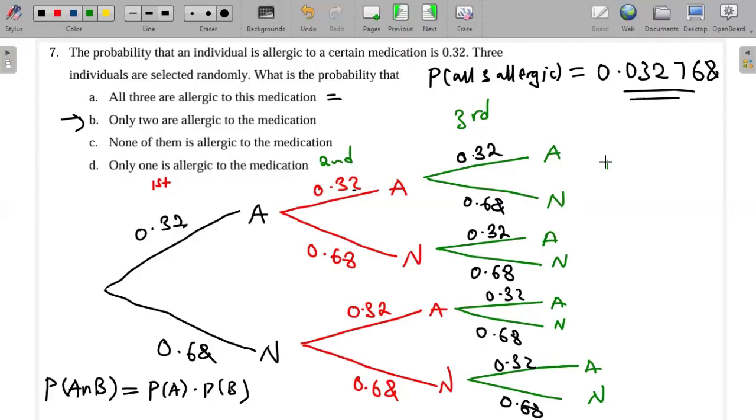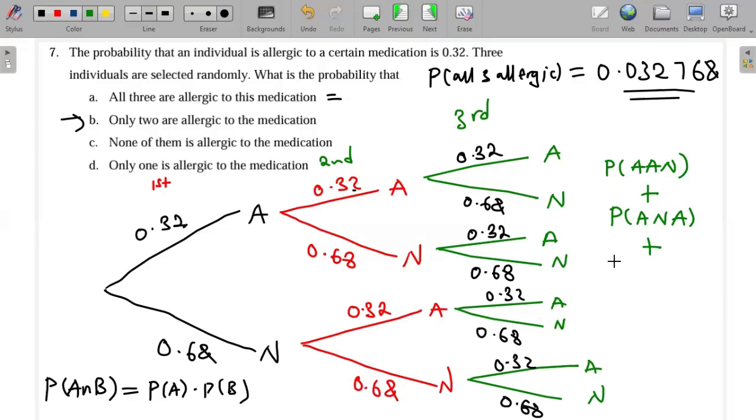So it will be the probability of allergic, allergic, not allergic, plus it can be the probability that the first one is allergic, then not allergic, and then allergic. So it will be probability of allergic, not allergic, allergic, plus. It can also be the probability that the first one is not allergic, and then the two that follow are allergic.